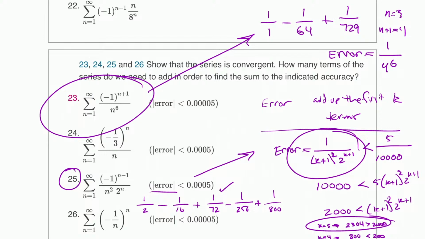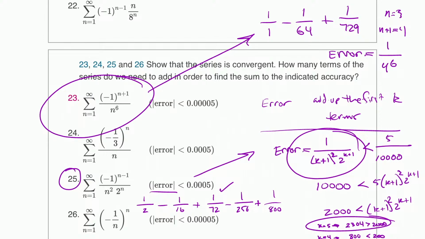Let me think about this for a minute. 4 to the 6th is the same as 2 to the 12th. Yeah, 4,096. So that's the error involved. It's always the next term. So all I was doing here is saying if we add up the first k terms, I'm just going to put k plus 1 in here.